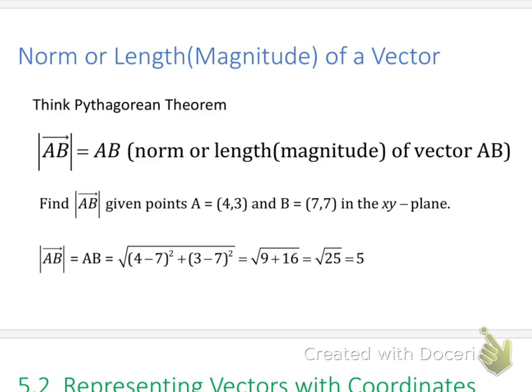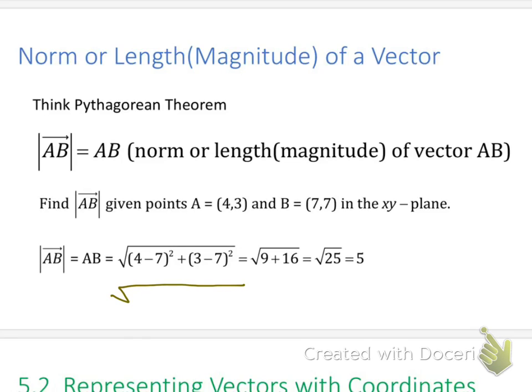Okay, when one wants to find the length of a vector, that's also called the norm or the magnitude, we're going to use the distance formula, and that formula is similar to Pythagorean theorem, and we will talk more about that theorem a little later. But the formula itself, the distance formula, is the square root.